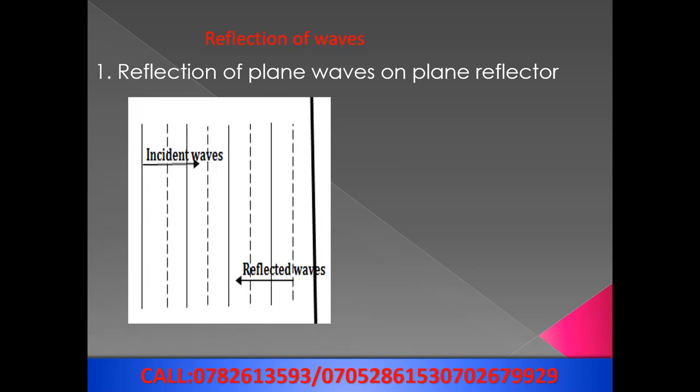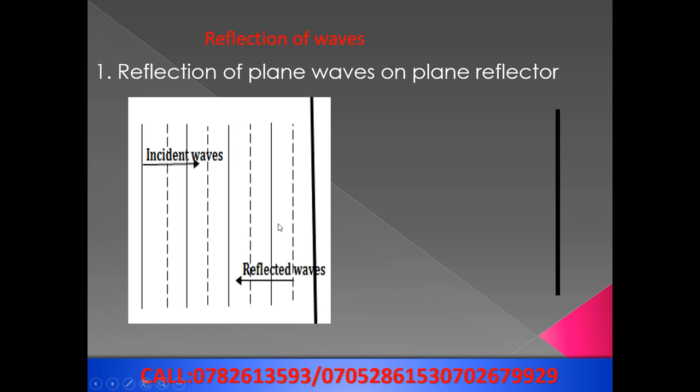When you have a plane reflector like this dark part here, this is a straight reflector. When waves are incident, which are these ones, solid not dotted, acting as incident waves, they are reflected back as plane waves.